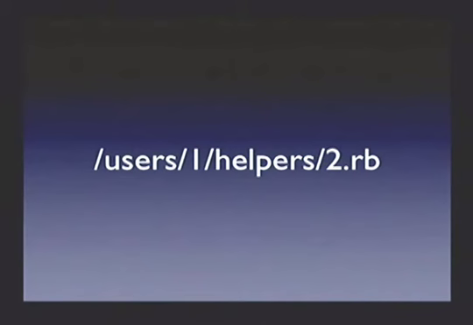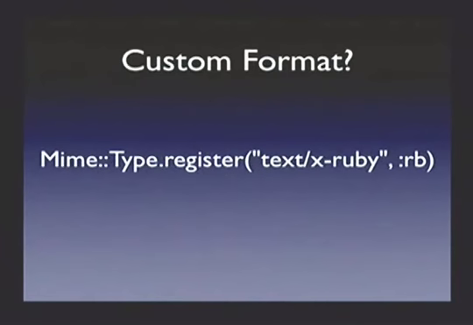And if you've got your own custom format, like with Ruby in this case, it handles MIME types properly. So if it's in the MIME type library, it already knows about it. If not, you can register your own, in this case text/x-ruby, and pass in the type of format that we're working with. So I can do .rb, and it knows that I'm expecting Ruby back.